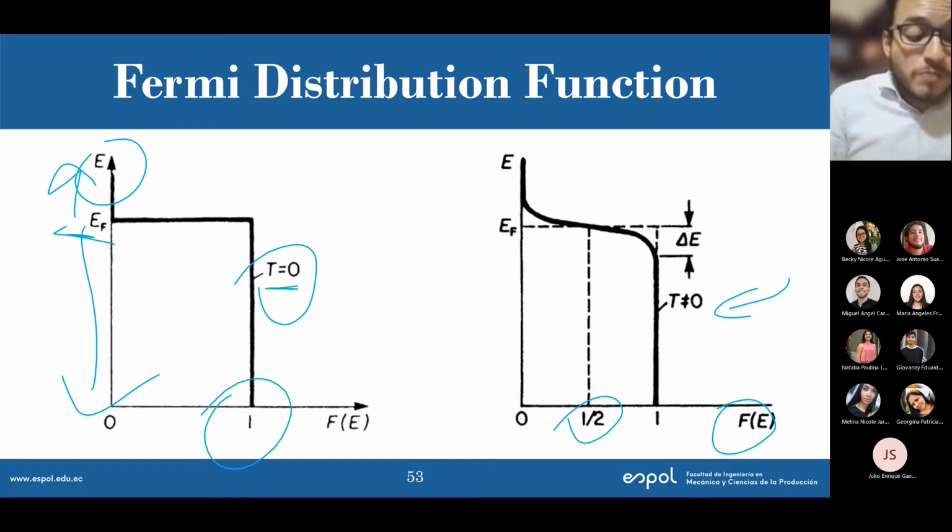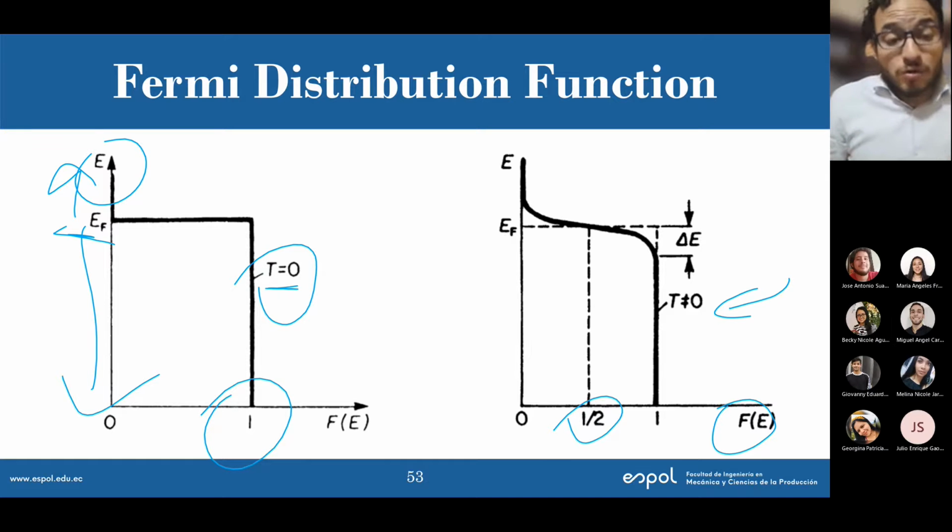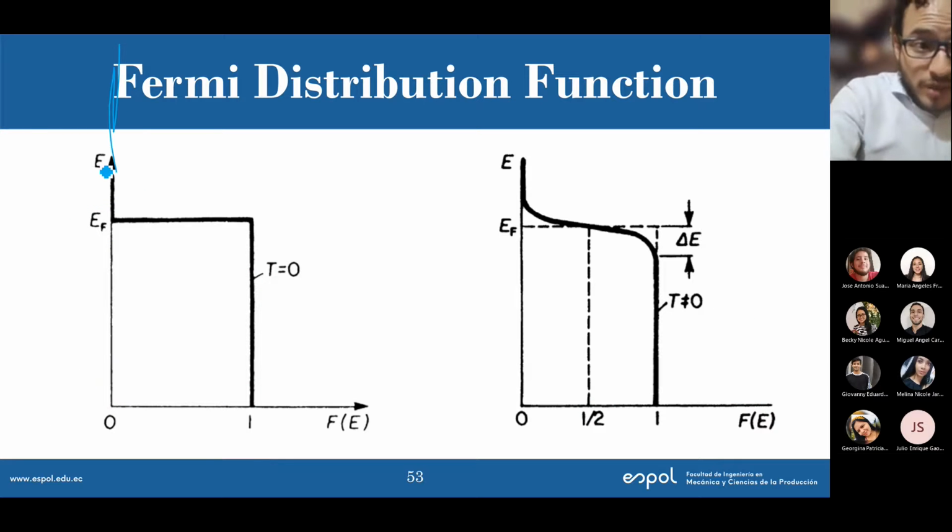So now, going back to your question, when you say the higher energy that electrons can have at T equals 0 occurs when the Fermi function equals 1/2, no. The highest energy can go infinitely. Electrons can have infinite energy.